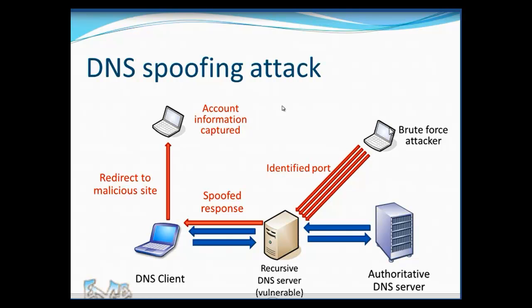Here in the top right corner, you have the brute force attacker. This attacker is waiting and looking to find out the port that this data is being transmitted on. Right here, when the data is sent back to the recursive DNS server, your data is susceptible because the brute force attacker will easily learn the port that you're using.